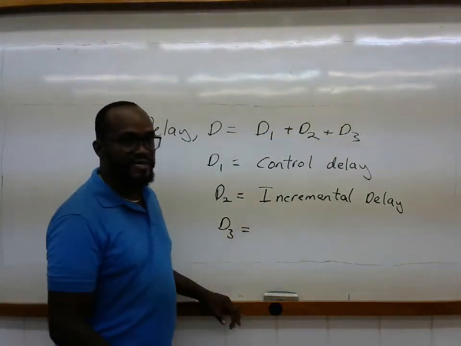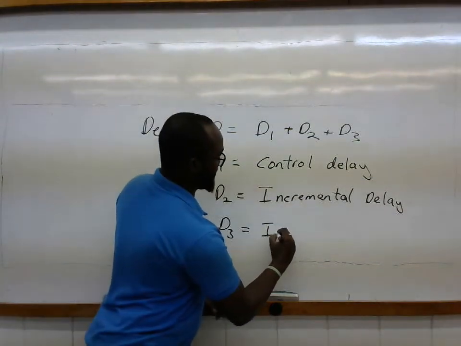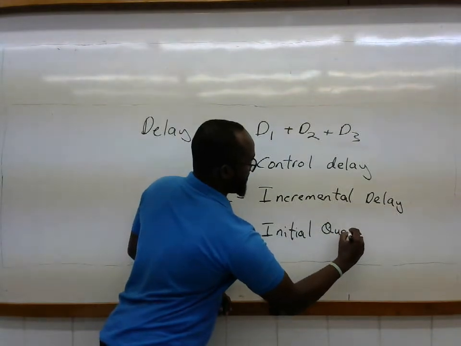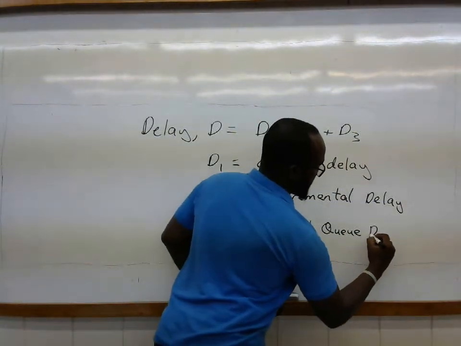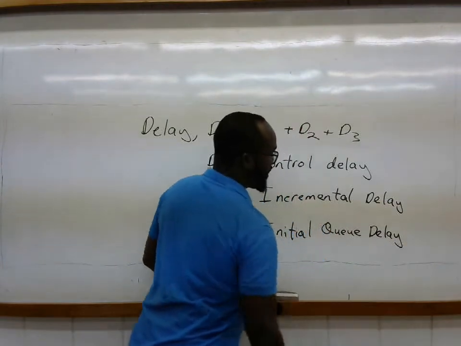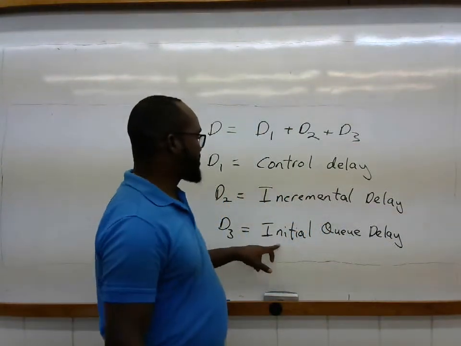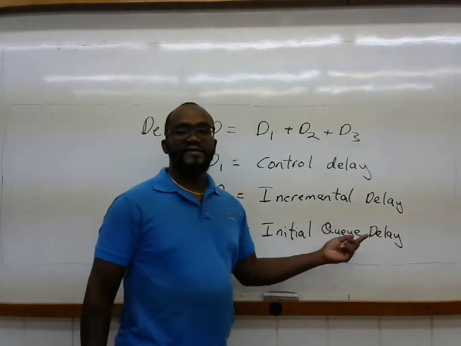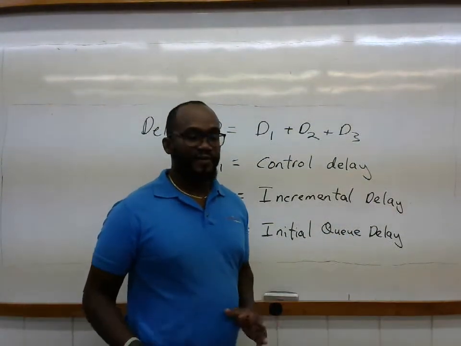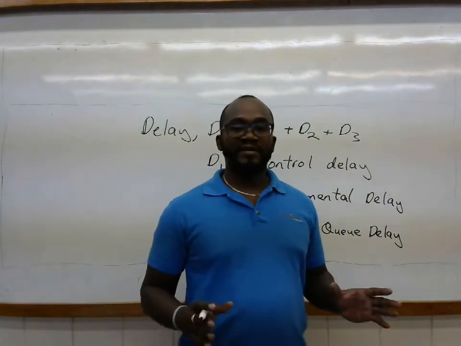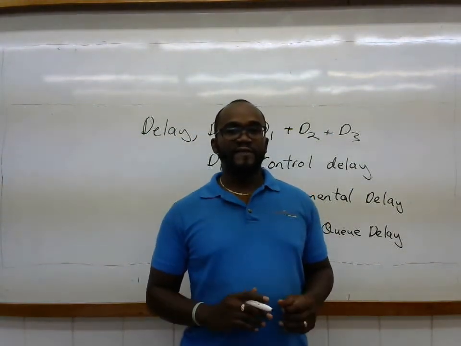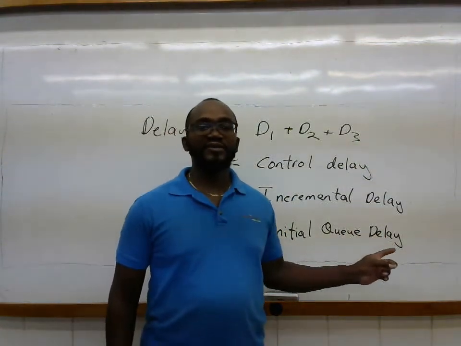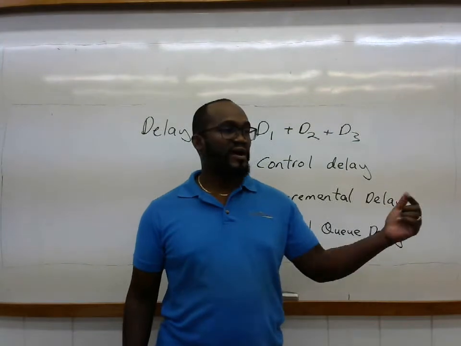D3 represents what we call the initial queue delay. The initial queue delay, as the term suggests, is delay associated with queue at the start of your traffic data collection. So for example, some of you, particularly those in the afternoon session, would have noticed at the commencement of the traffic survey at 3 p.m., there may have been a queue at the particular intersection at one of the approaches.